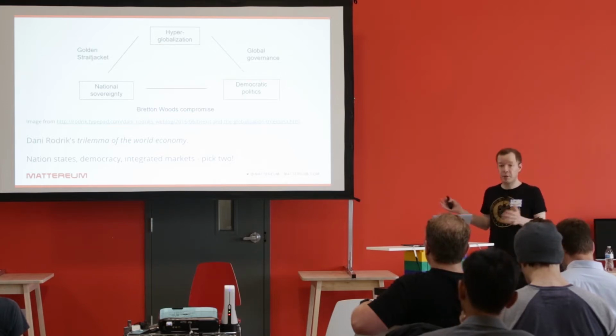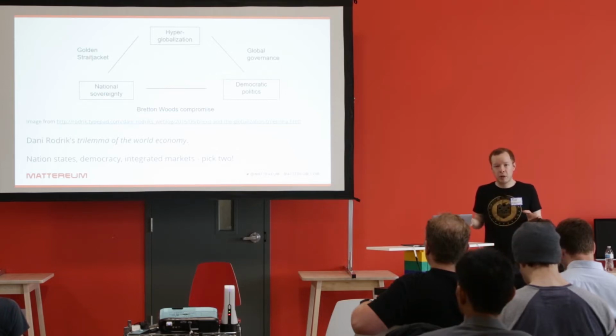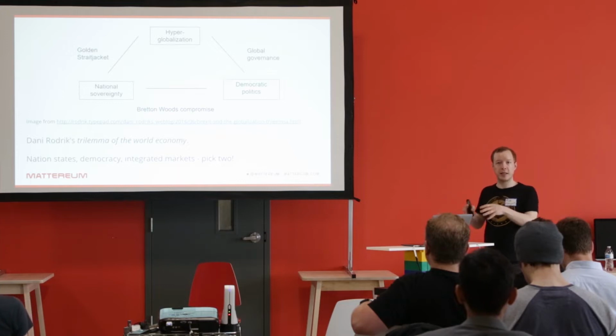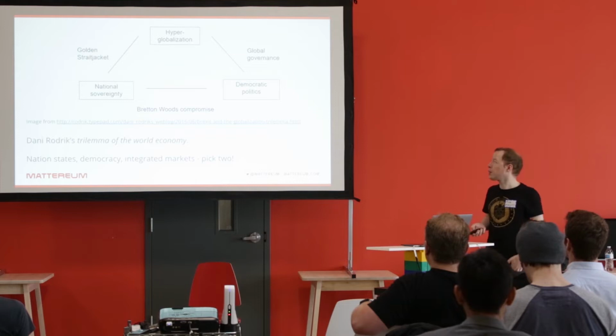Or you could have democratic politics and national sovereignty, but at that point, you have many, many boundaries between these individual nation states, and they're all self-determining, all going off and doing their own thing, and this makes the coordinated whole difficult to achieve. This is actually pretty similar to the Coasean situation, where if you have everybody being individual and self-determining, it's really, really hard to get coordination.